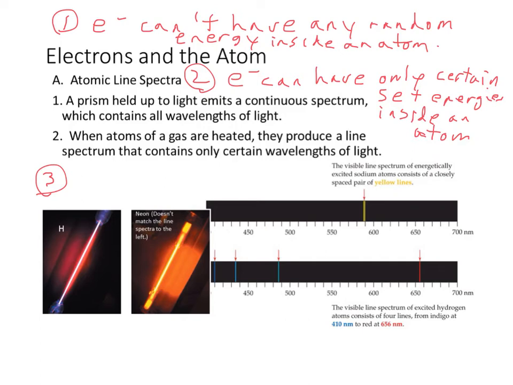Are the line spectrum for sodium and hydrogen the same? No. So what does that mean about the energy of the electrons of sodium and hydrogen? Are they the same?